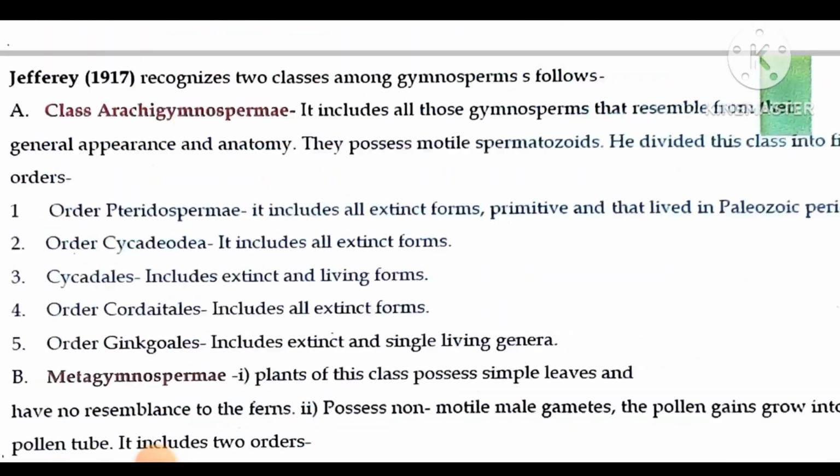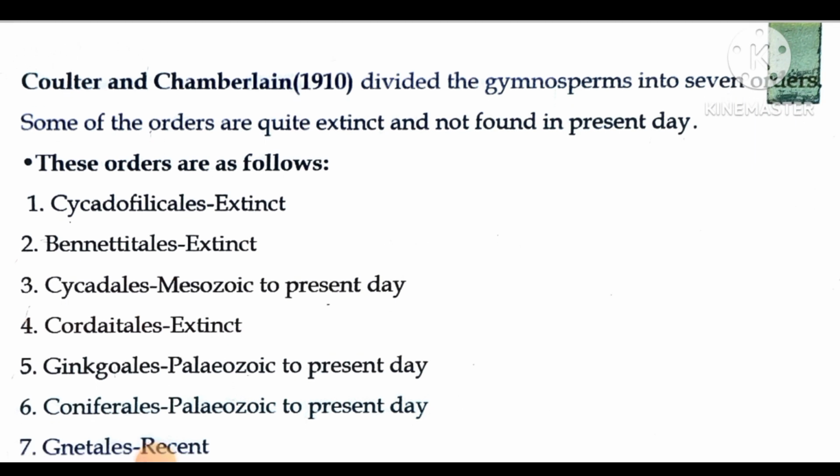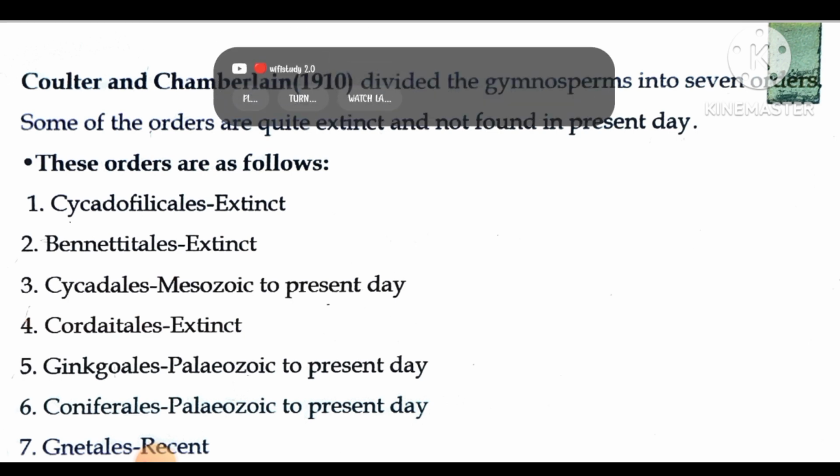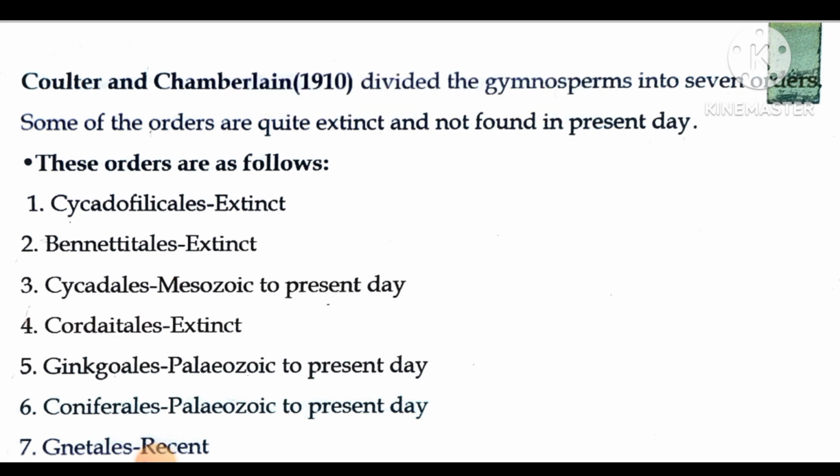Now come to the Coulter and Chamberlain classification. Coulter and Chamberlain in 1910 divided the gymnosperms into 7 orders, and few are extant today. Cycadofilicales, okay, Bennettitales, these are also extinct groups, and we also call them Cycadeoidales. Then Cordaitales. Cycadales originated from the Mesozoic era and are present till now in the form of Cycas.